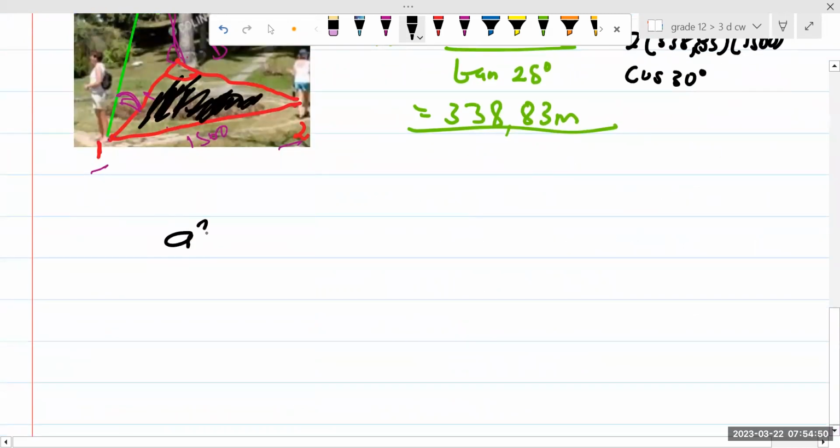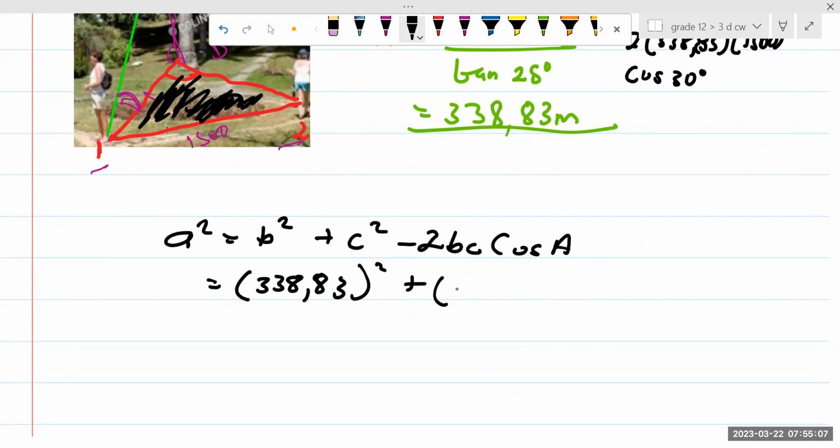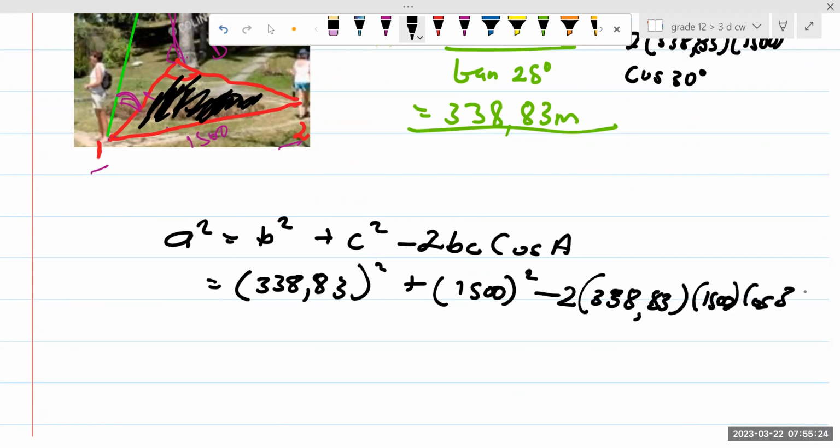So we have a squared, which is b squared plus c squared minus 2bc and the cos of A. And this becomes 338.3 all squared plus 1,500 all squared minus 2 multiplied by 338.3 multiplied by 1,500, and then cos of 30.